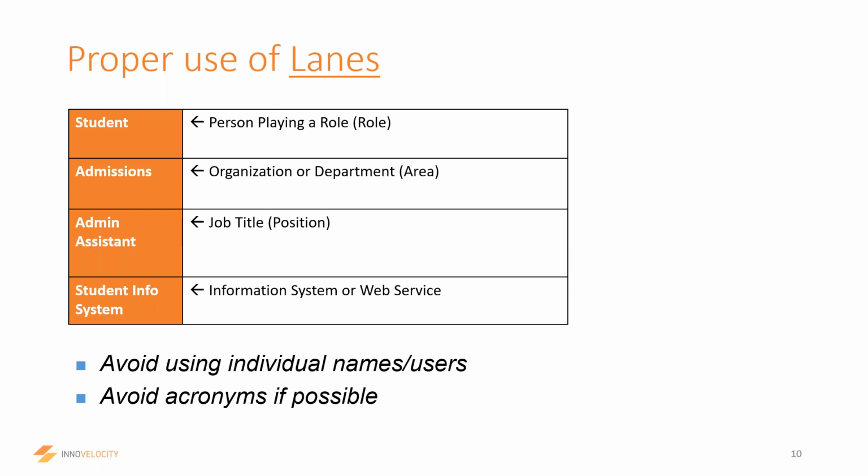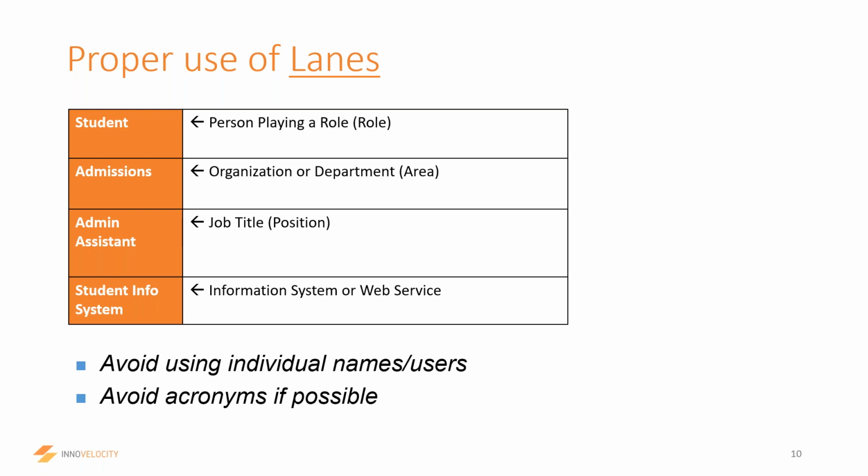What you do want to avoid doing when you're putting these together is using individual names or users. There was one project that we worked on some time ago where the chief operations officer wanted to have his own swim lane, but that very clearly illustrated a key bottleneck in the process.